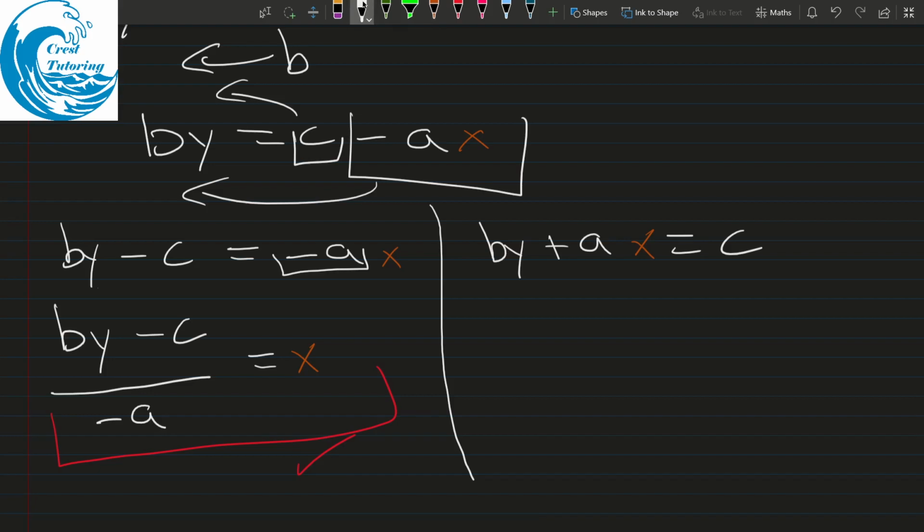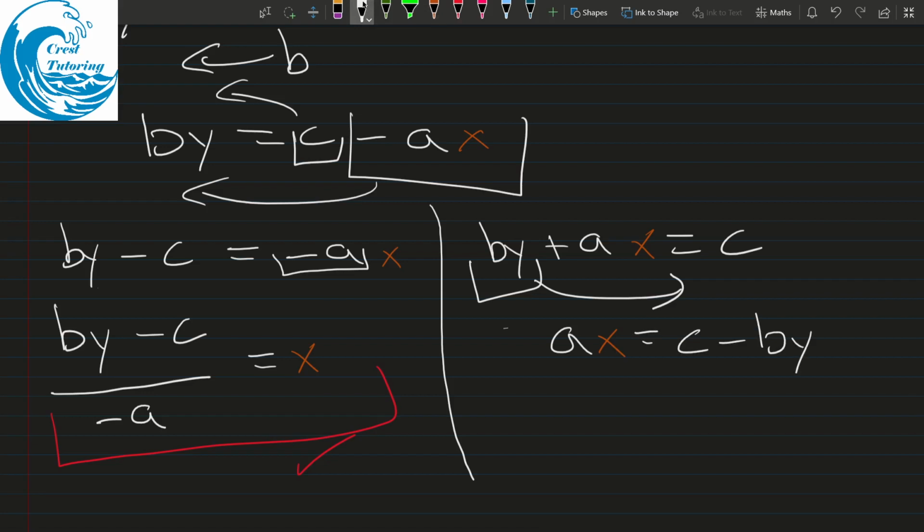Okay, so for this one, we're going to bring across the by. Because we're bringing across both parts, we're just going to change the sign. If I was bringing across just the b or just the y, I'd have to change it to divide. But for this, we're going to have ax equals c minus by.